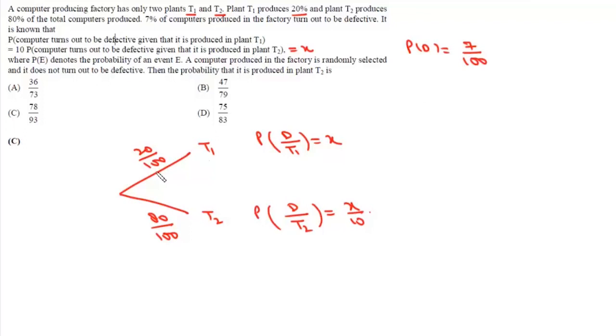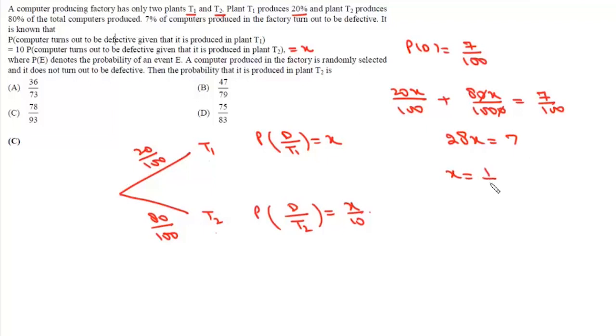Now the probability of getting defective will be either we get defective from T1 or we get defective from T2. So it will be 20X by 100 plus 80X by 1000 and will be equal to 7 by 100. Now this will cancel, so we'll get 28X equals 7.